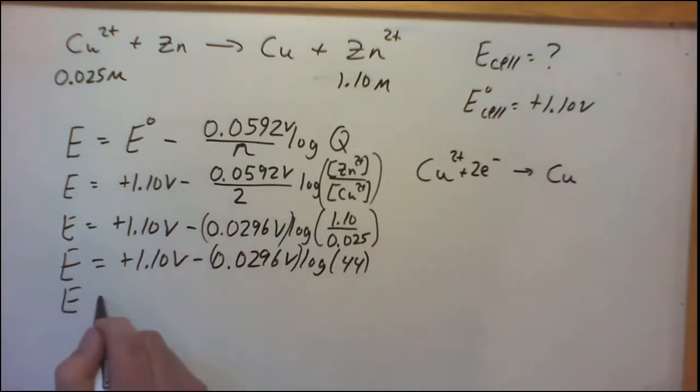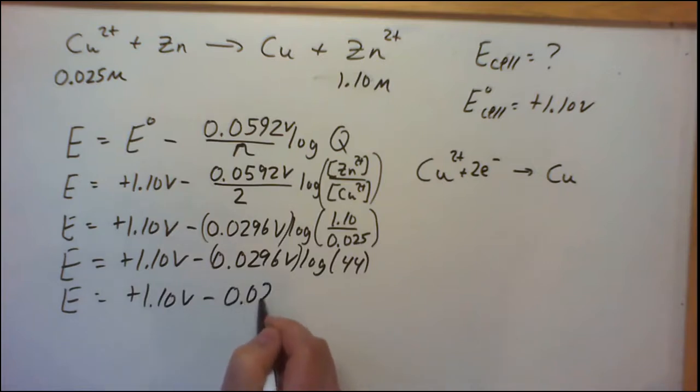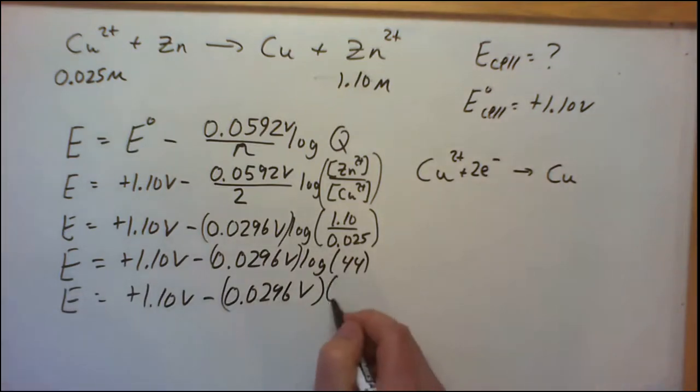So E is equal to 1.1 volts minus 0.0296 volts times the log of 44.